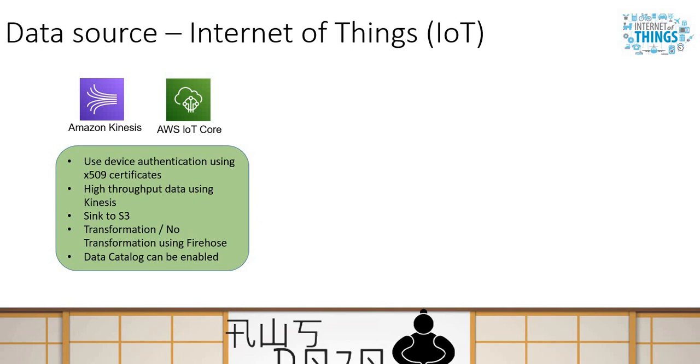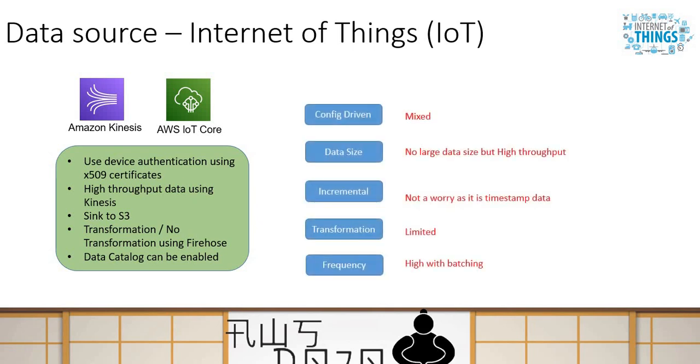So in case of IoT, you use IoT Core for authentication of your devices, and also for MQTT based messaging, so devices can send data to you. But after that, the whole data handling is done by Kinesis and other services in the Kinesis family. Now, if you again compare all those 5 factors here: is it configuration driven?